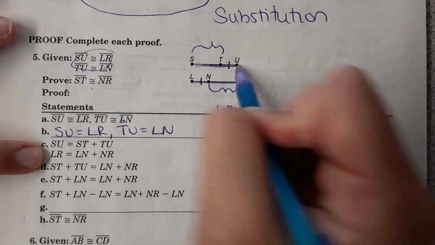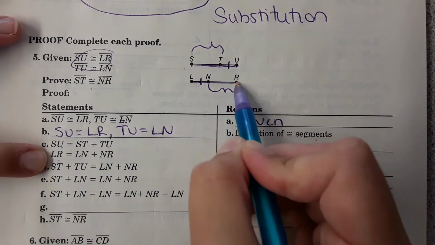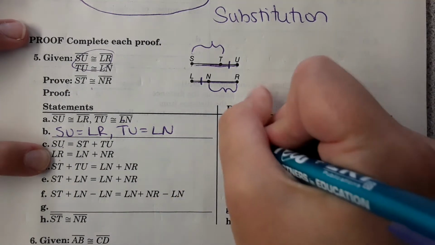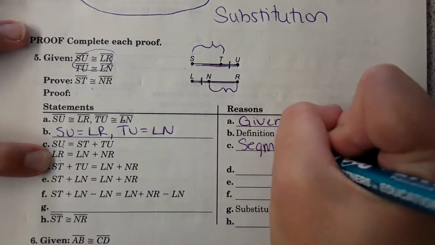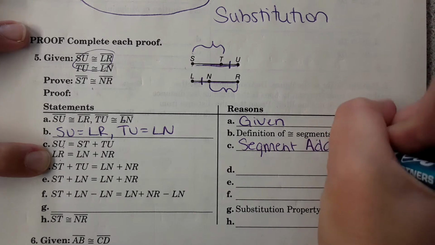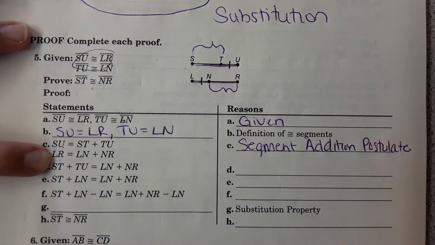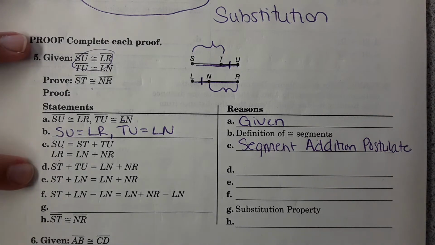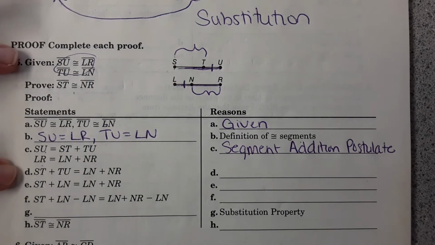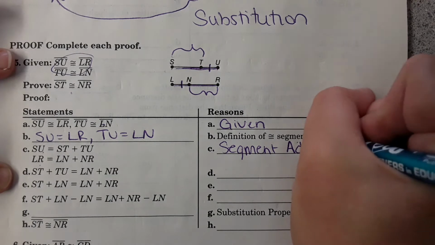That's segment addition postulate. And same with LR is equal to LN plus NR. Segment addition postulate.